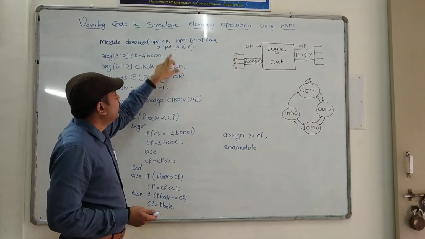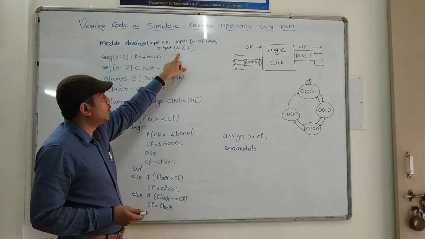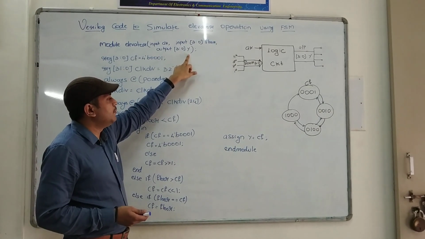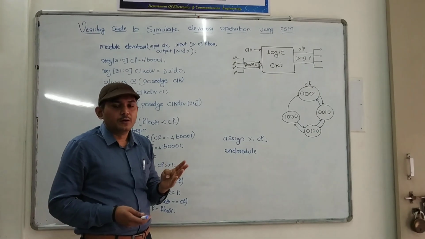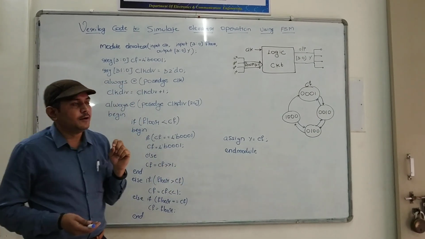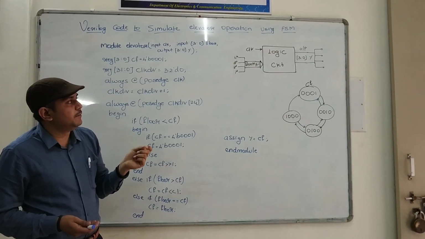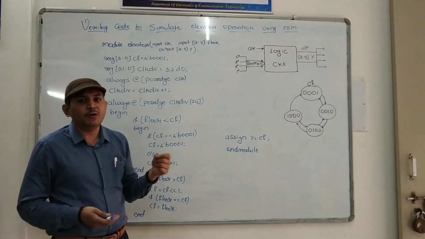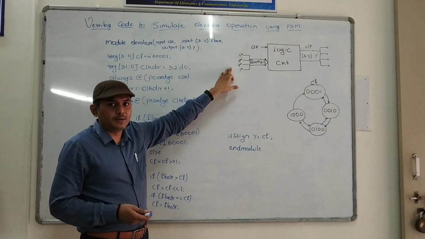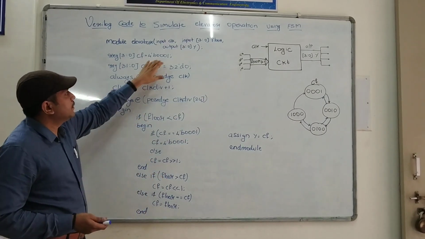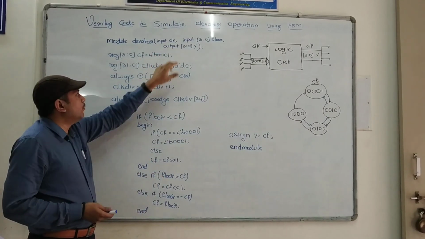Next, only one output which is of 4 bits, and I have named it as Y. Y means it will give which floor. The 4 LEDs for the 4 floors, and the particular LED will be glowing depending on what floor the user has pressed or selected. Clear? So these are the code declarations.